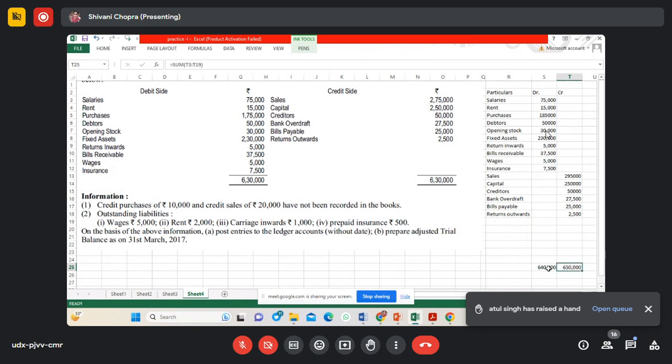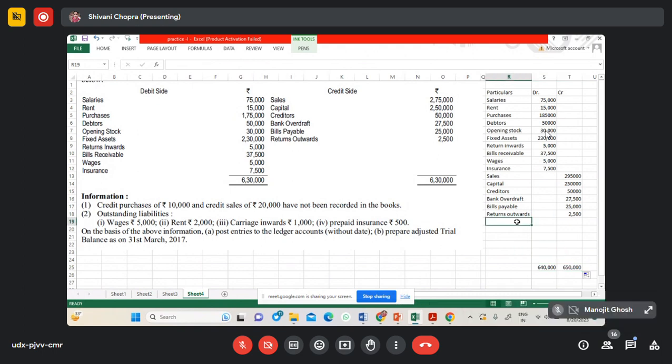Right, good. Wages, we'll come to that. Outstanding wages, what would you do with outstanding wages? And then outstanding rent.